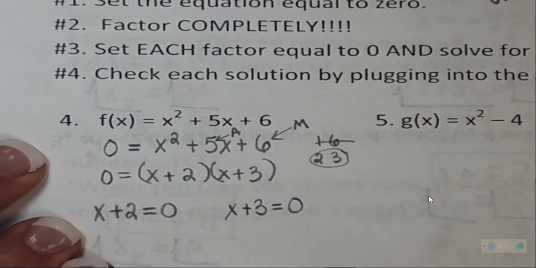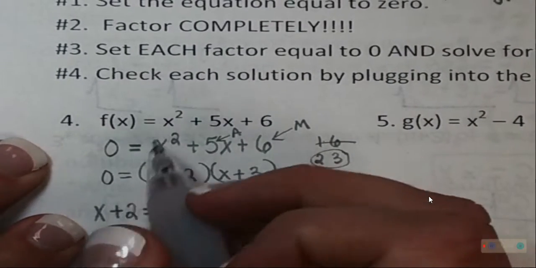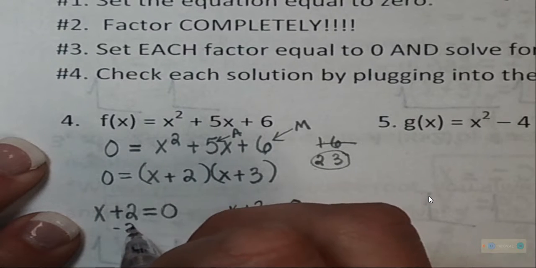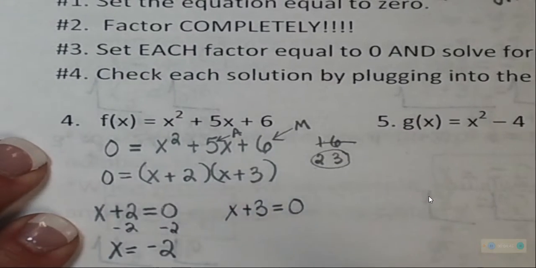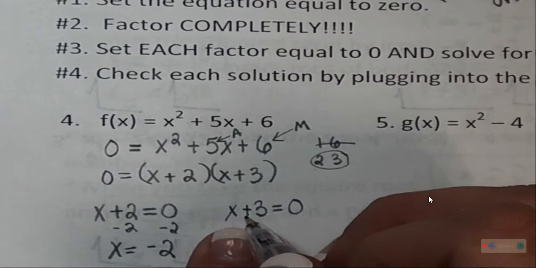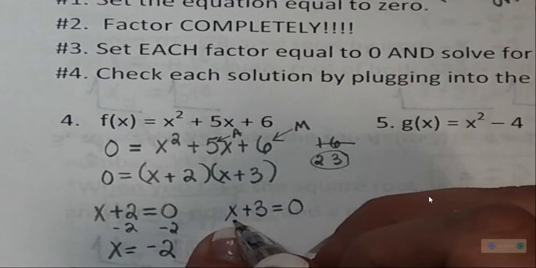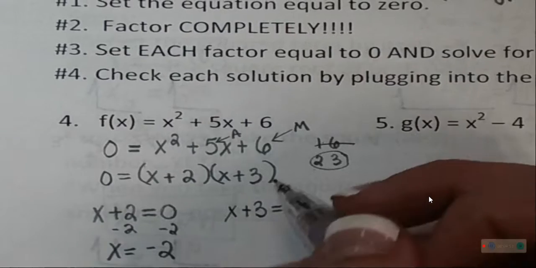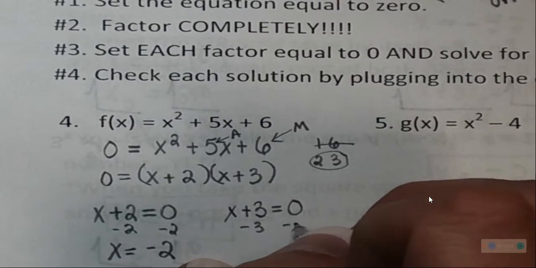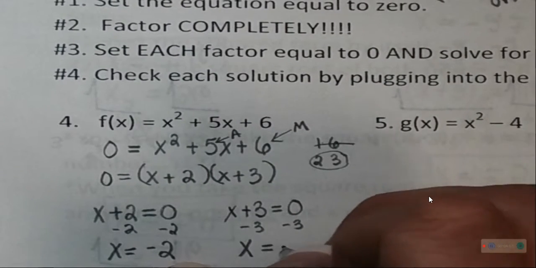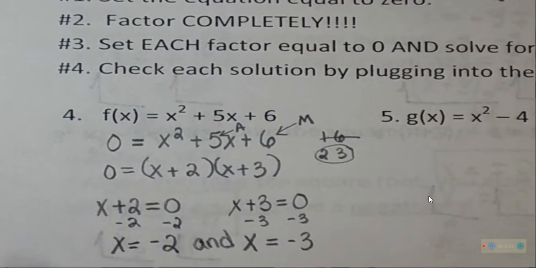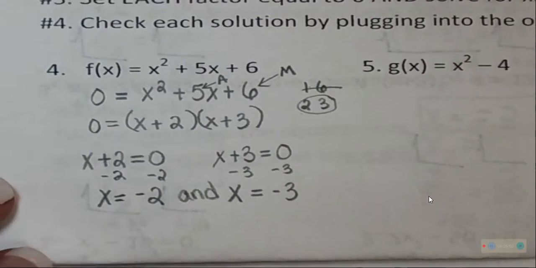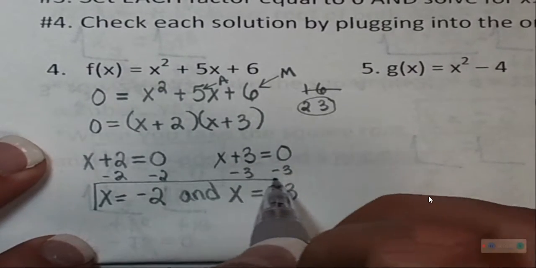I'm going to solve for x. How do I get rid of plus 2? I subtract 2 on both sides. So x equals negative 2. What would I add to 3 to get 0? Negative 3. I'm going to subtract 3 from both sides. x equals negative 3. Both of these are my solutions. So these are my answers.